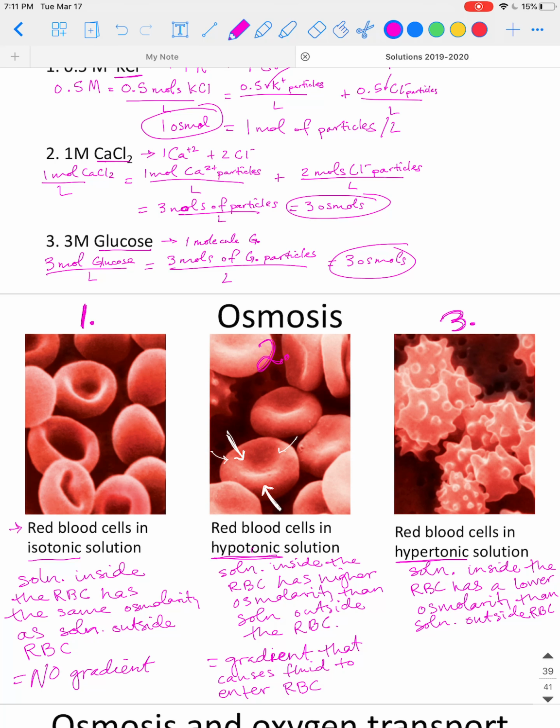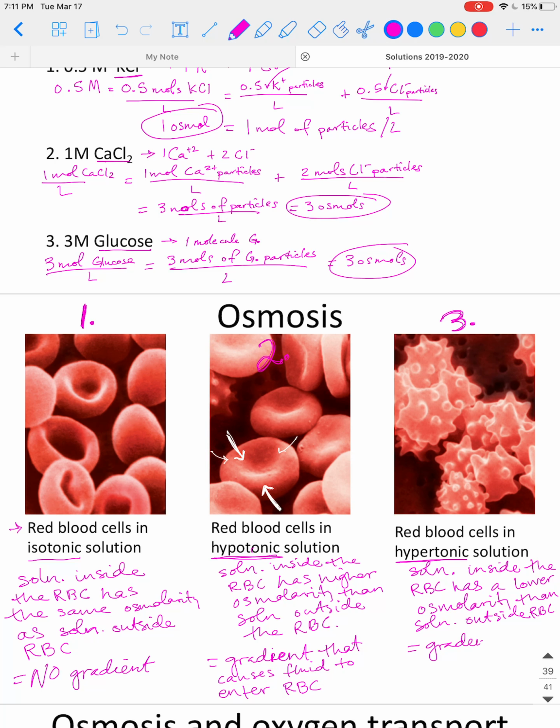Hypertonic means it has a higher osmolarity. Hypotonic means it has a lower osmolarity. And we're talking about the solution outside the red blood cells. So in picture number 2, the solution outside the red blood cells had a lower osmolarity. Here in picture number 3, the solution outside the red blood cells has a higher osmolarity compared to the solution inside the red blood cells.